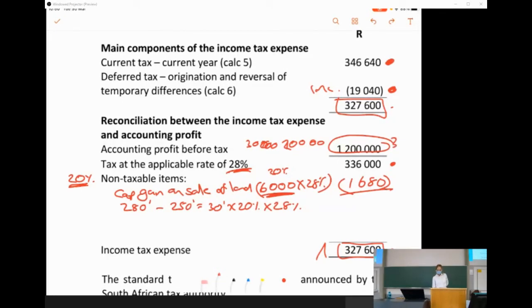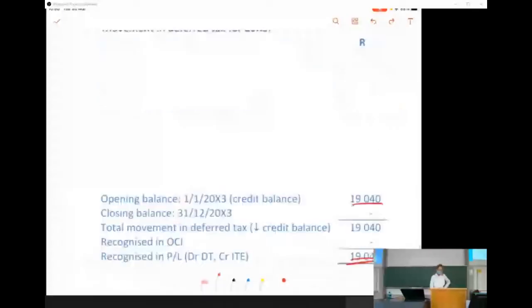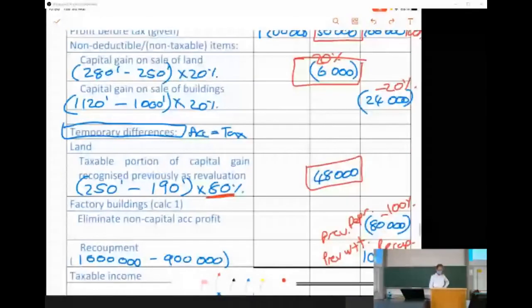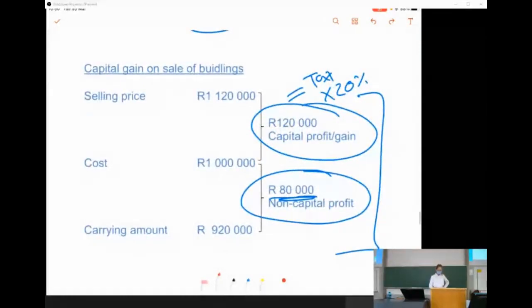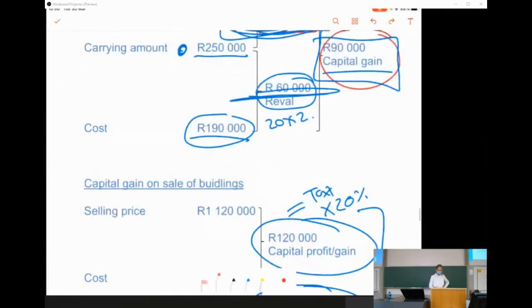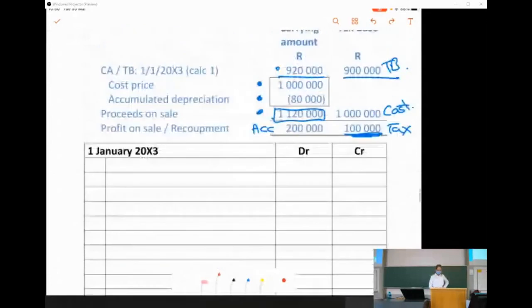Okay, so the 30,000 was included in here, but that portion of that 30,000 is not taxable. And then the capital gain on the sale of the buildings will be the 24,000 capital gain. So if we go back here, sale of buildings over here.